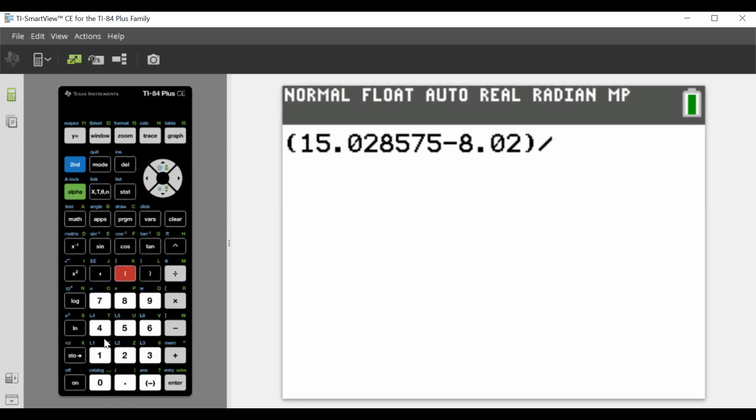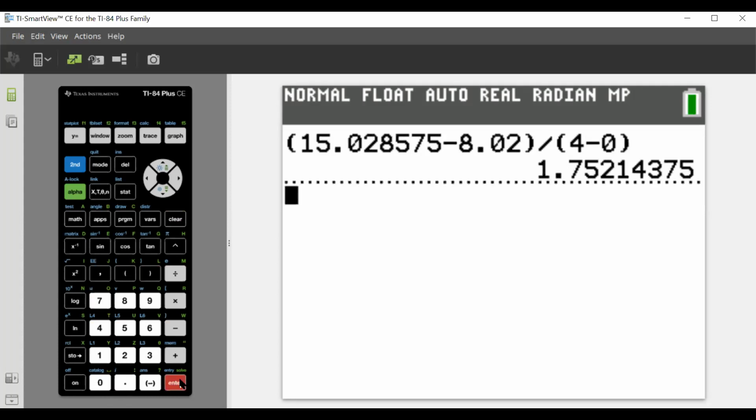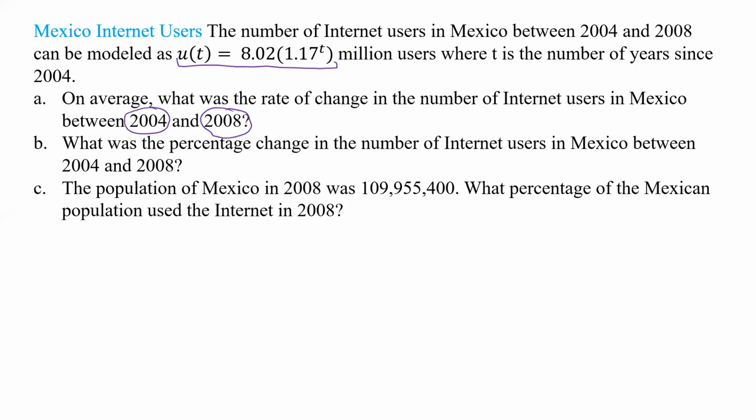So it's going to be 4 minus the initial, which was 0, and so we get 1.752. Let's write all that down before we forget. So u of 0 was 8.02, u of 4 was 15.028575.